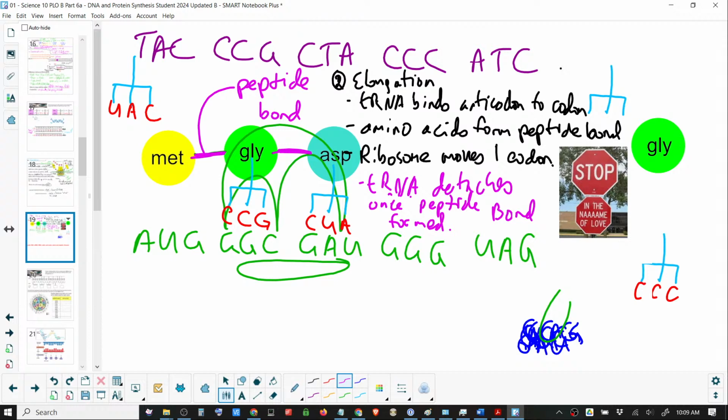What would it do next? It would move on to the next one, another one would come in, and then it would form the bond and it would go. So now we have repeat. Excellent. Draw this. Draw elongation, your best interpretation of the middle of elongation.